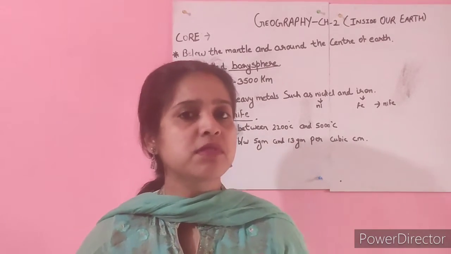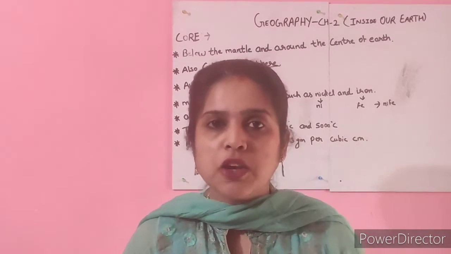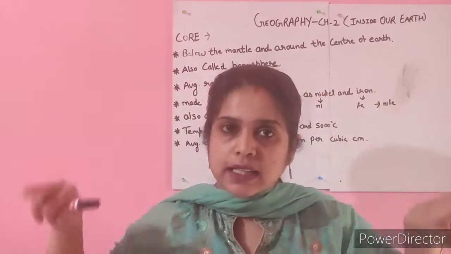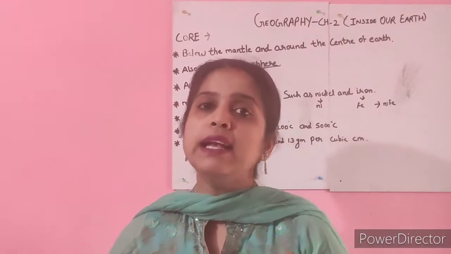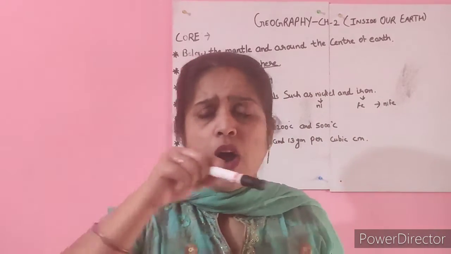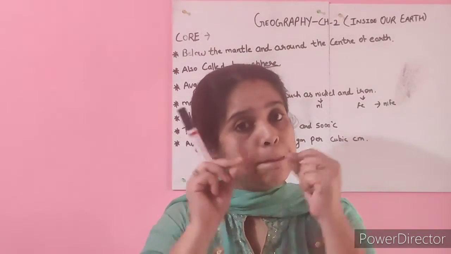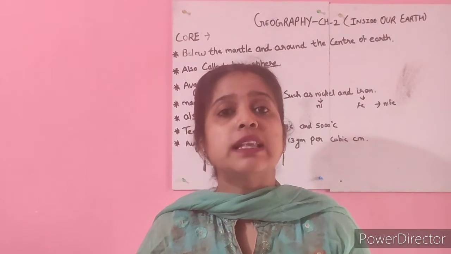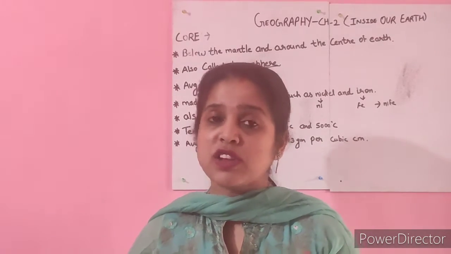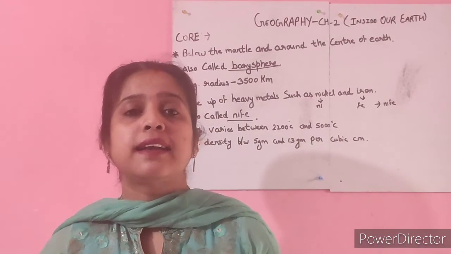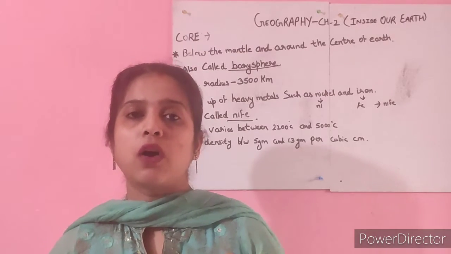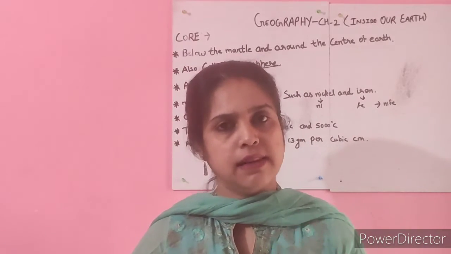You are getting what I am saying? I am asking you to compare the earth structure with a boiled egg. Once the egg is boiled, the layer which we peel off is called the earth's crust, which I told you is the thin layer out of all the three layers.